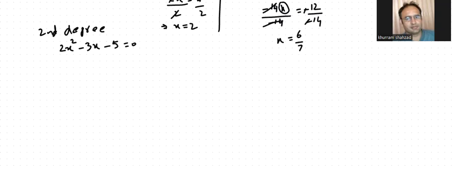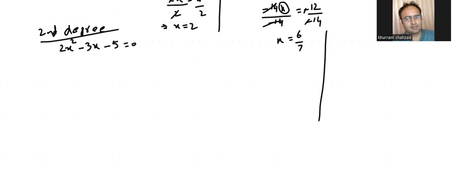So what is the best way to calculate the zeros or the roots of the second degree equation, the quadratic equation? The best and easiest rule to calculate its roots is the quadratic formula. So what is the quadratic formula? I'm writing it here.